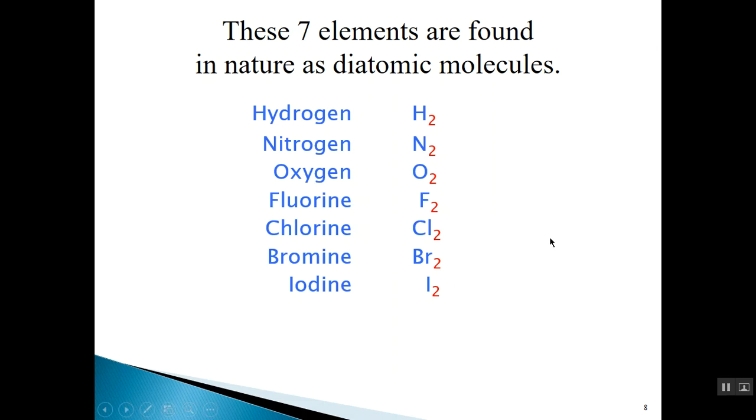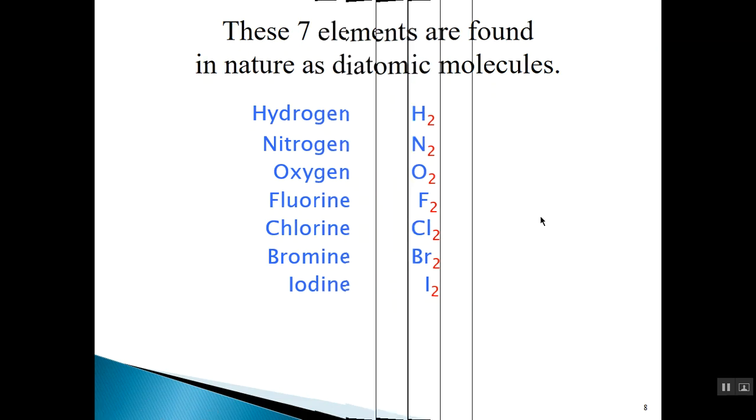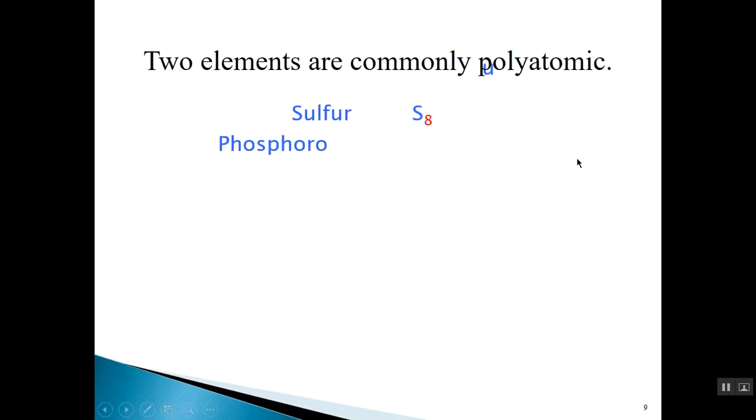So whenever you see a question where you have these elements involved by themselves, uncombined with anything else, existing in nature, you need to remember that these are diatomic. And there are two elements that are polyatomic. In other words, their molecules each contain more than one atom. Sulfur exists as S8, 8 atoms per sulfur molecule, and phosphorus exists as P4, 4 atoms per phosphorus molecule. Again, you need to memorize these.